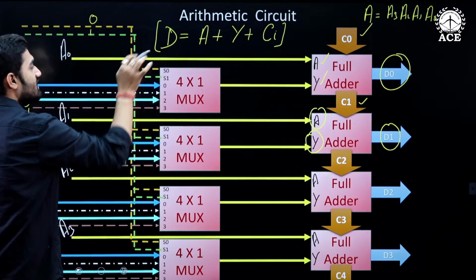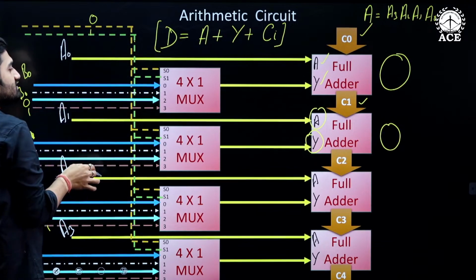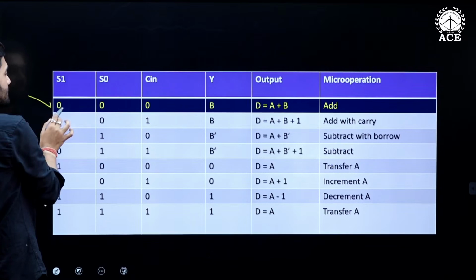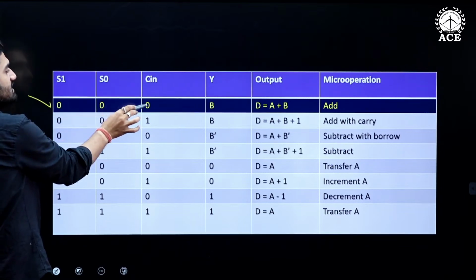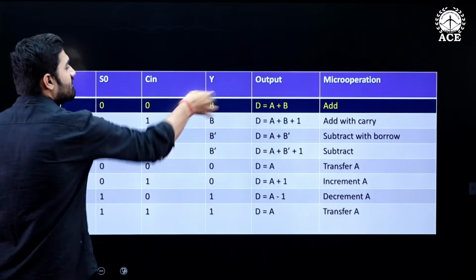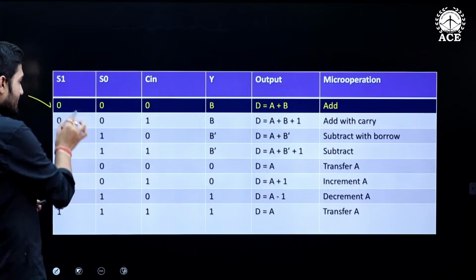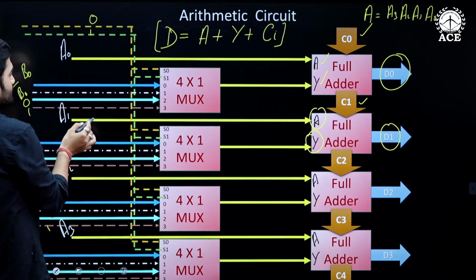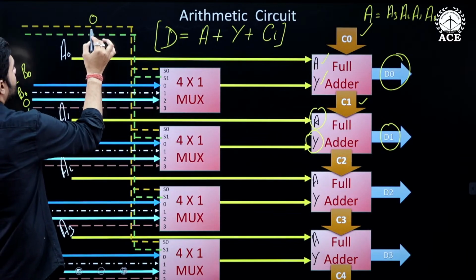Now, everything is easy. Let me show you how things are easy now. Let us talk about this row. S1, S0 are 0, 0. Cin is also 0. Then we will figure out what operation comes out. If all three are 0, what is the operation?